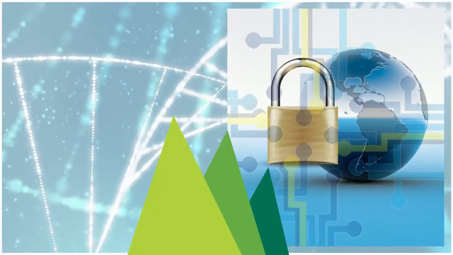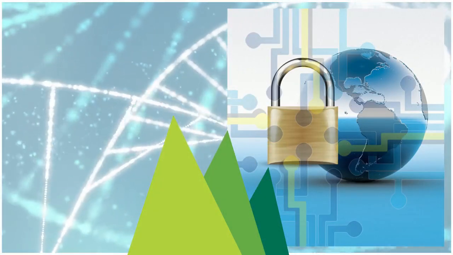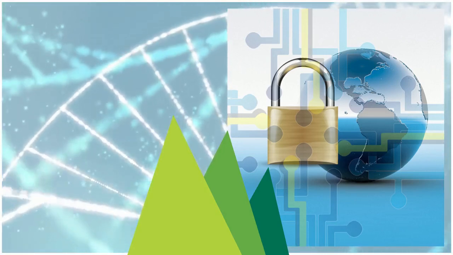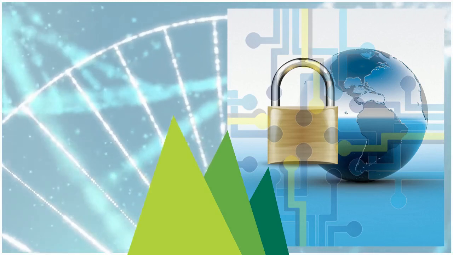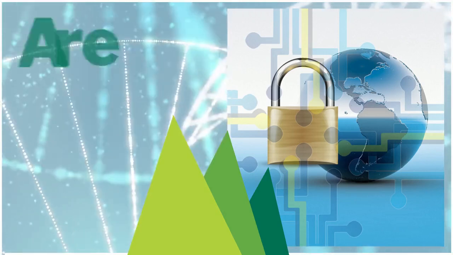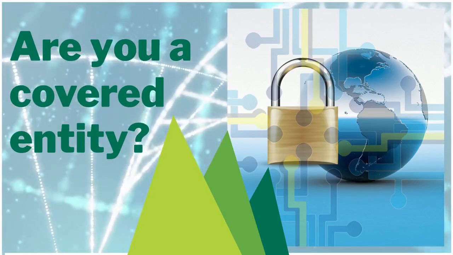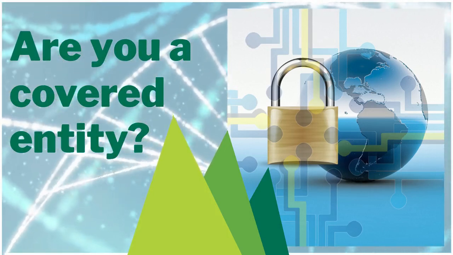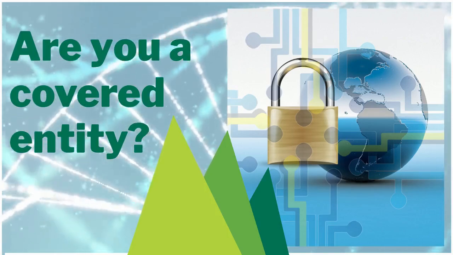Otherwise, let's begin. In order to know how the privacy rule applies to you and to your research, it is important to dive a bit further into the different categories that could apply to you. The first would be to determine whether you are considered a covered entity and thus required to comply with the privacy rule.